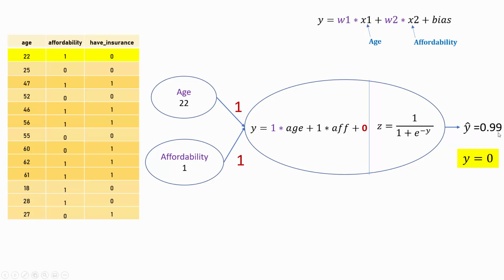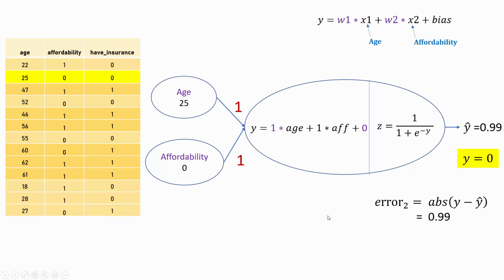But your y hat is telling you 0.99, so it is obviously making an error. So you try to find the error. One of the ways of finding this error is mean absolute error, which is just the absolute difference between these two values.